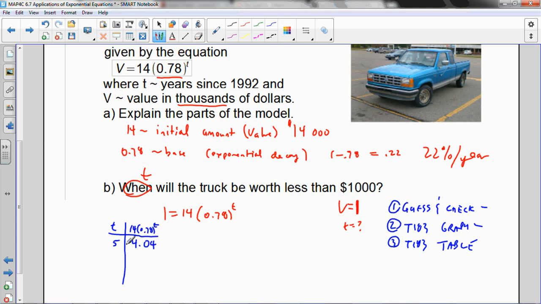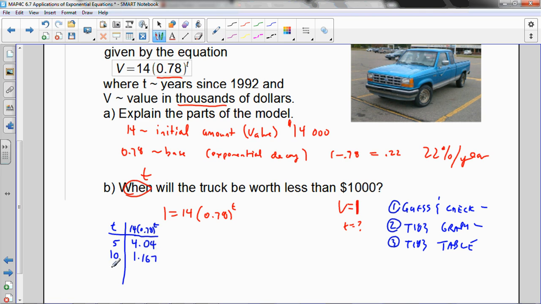So that means we need it to decay more. This number needs to be higher. So if we try 10, you would keep using your calculator, but I'm just reading this off of my notes now. That's 1.167. So this is still worth $1,100, almost $1,200. So it still needs to decay more.